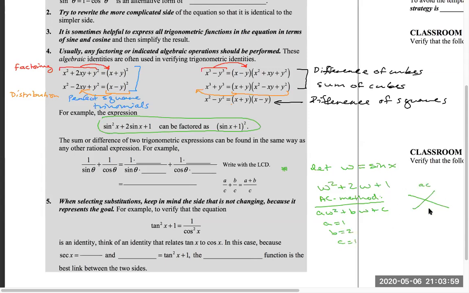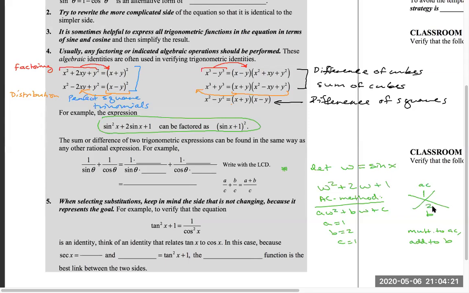We have AC on top, B down below. We want numbers that multiply to a times c, which in this case is 1, and we want numbers that add to 2, which is b.